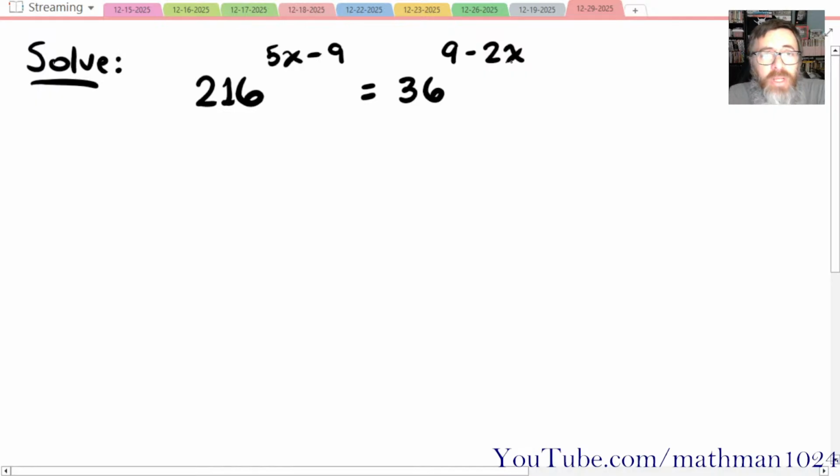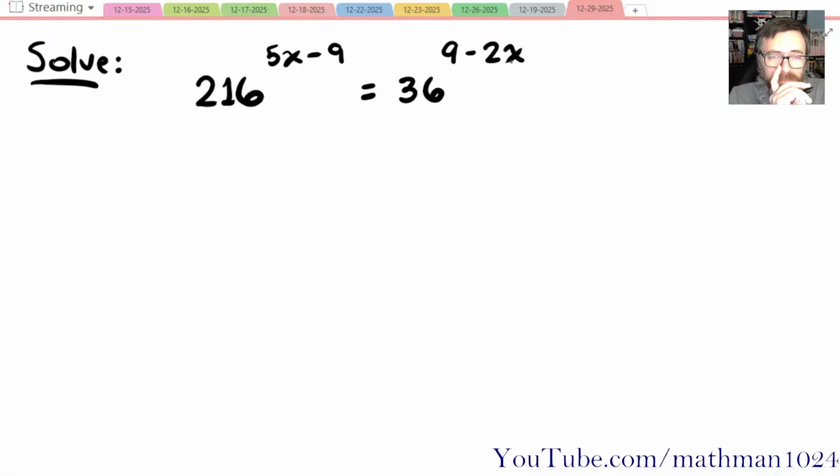All right? Okay, so again, make sure that you're writing correctly so that it's very clear what's a power and what's not. So we should recognize that we have x's in the power, so it makes it an exponential equation.